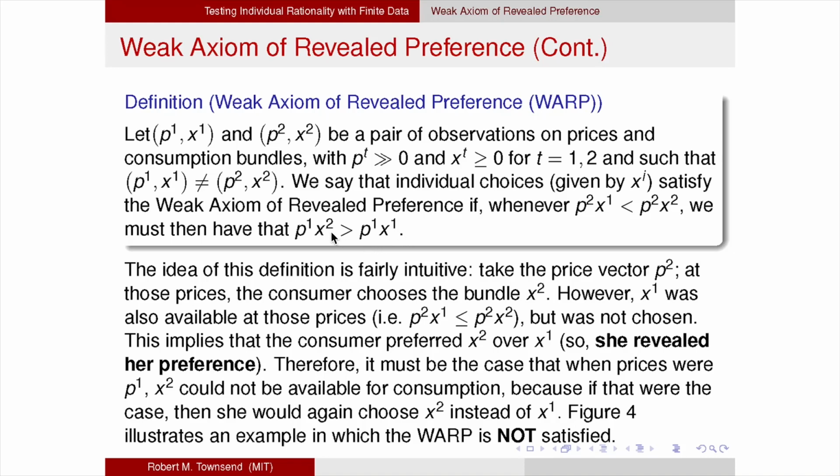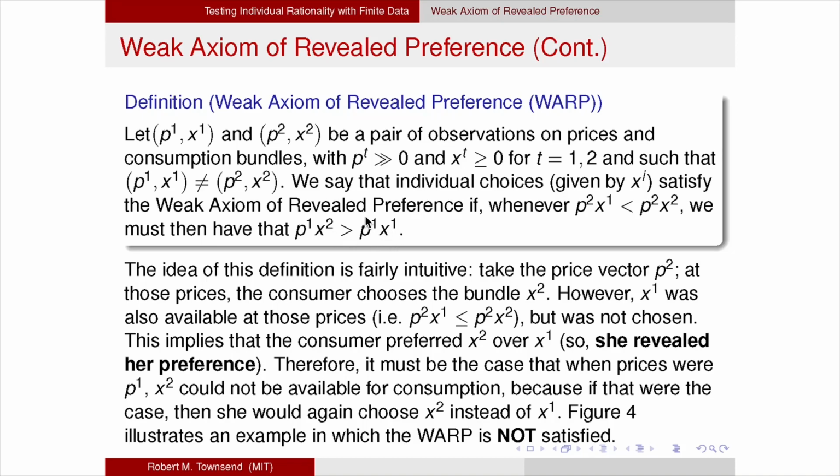So let me say it again. It's an if-then thing. If this is true in the data, that if they had chosen X1 they would not have been spending all their money, then we better find that at prices P1, the valuation of expenditures on X2 is strictly greater than on X1.